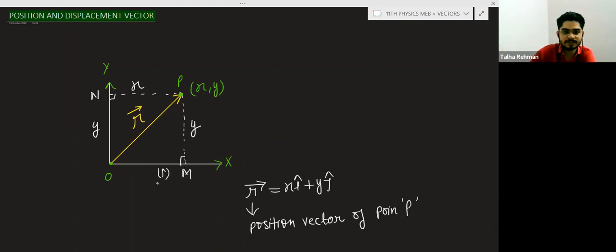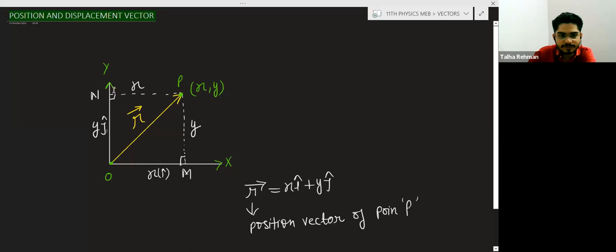I can write this distance is x. For this I can write y into j cap, because this length is along the y axis. This is why I have made this y into the vector. For a vector, y is the magnitude and j cap is the direction. j cap represents the direction.